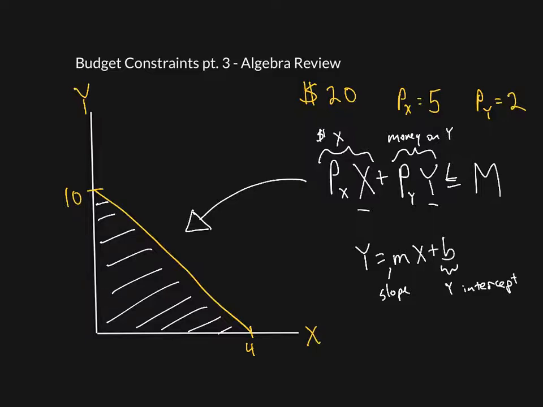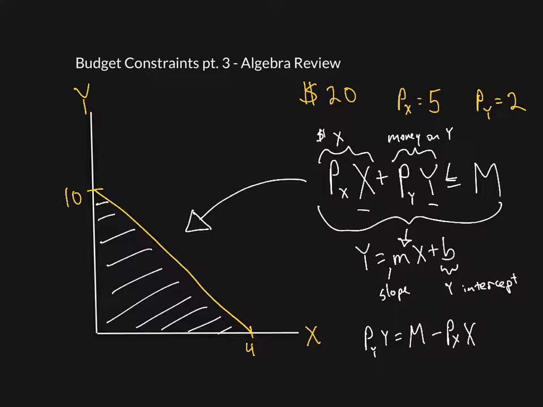So how do we translate this feasible set equation into the more convenient and more useful equation for a line? Well, first off, we want to isolate y on the left-hand side. So we could start by subtracting PxX from both sides. So you get PyY is equal to M minus PxX, because we subtracted PxX from both sides. And I turned the less than or equal to sign into just an equal sign, because this is just the equation for the line.